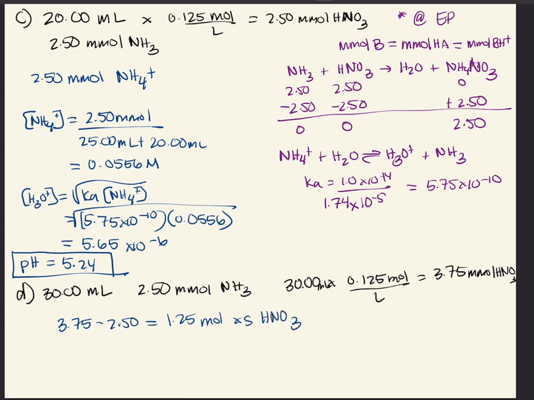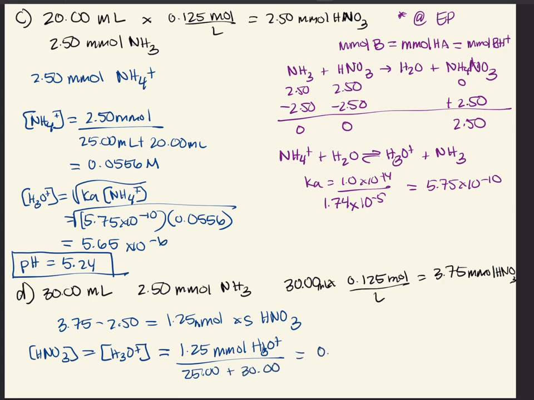Now I can calculate the concentration of my nitric acid, which is going to be equal to the concentration of my hydronium ion, because this is a strong acid situation. So we have 1.25 millimoles of nitric acid, or I'm just going to use hydronium ion now, divided by my total volume.